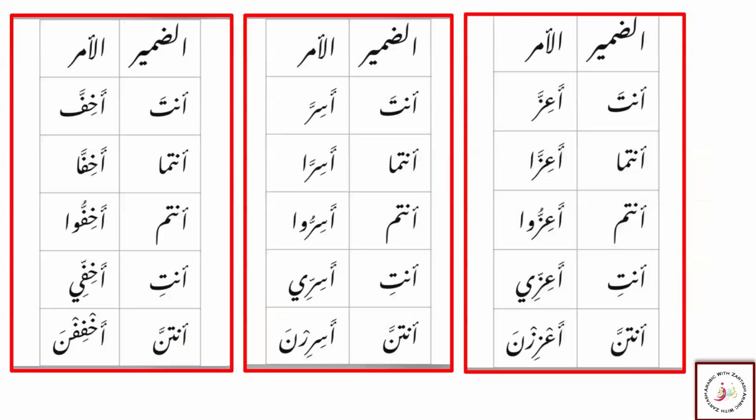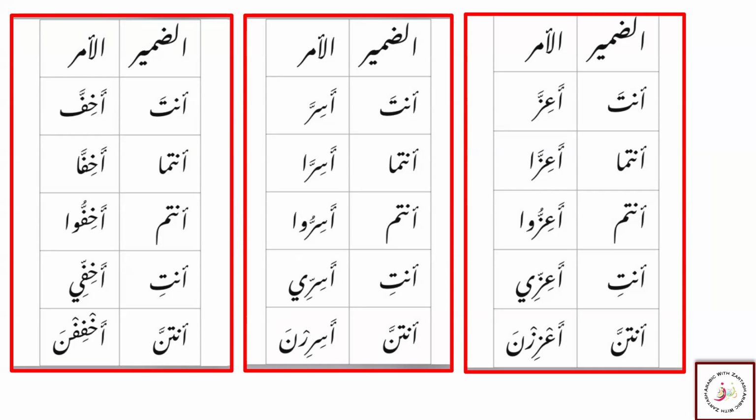We also did the commanding for Anta, Antuma, Antum, Anti, Antuma, Antunna for Aizza, Asirra, Khiffa, and we also learned that for the Anta versions we have three forms for Amr: Aizza, Aizzi, and then Aziz. So Asirra, Asirri, Asrir, Akhiffa, Akhiffi, Akhfif.